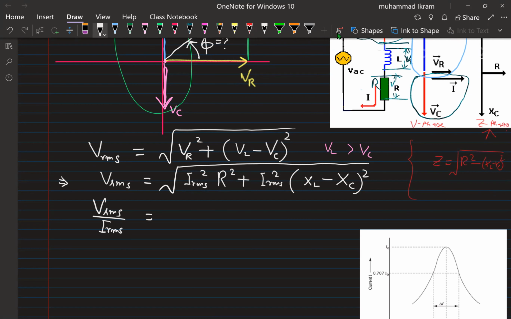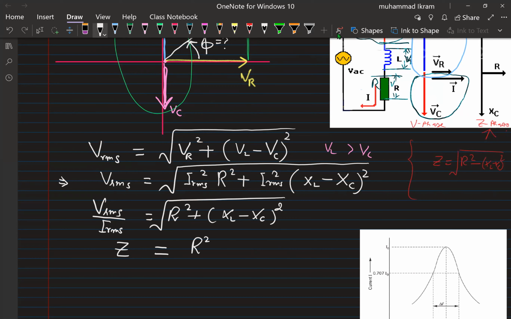The equation will look like the square root of R squared plus XL minus XC whole squared, and this is the impedance of the circuit. The ratio of VRMS to IRMS is the total impedance of the circuit, the combined resistance of the resistances and the reactances.